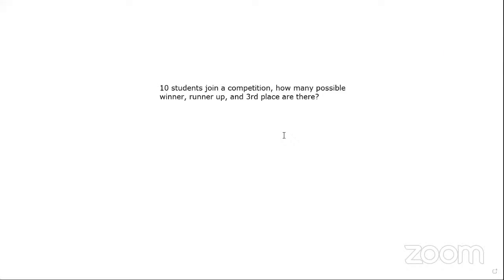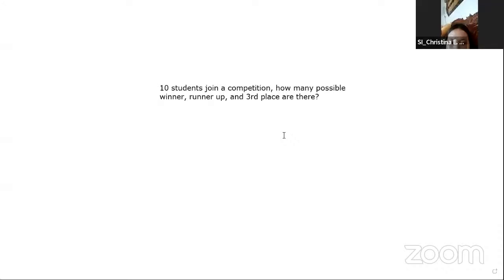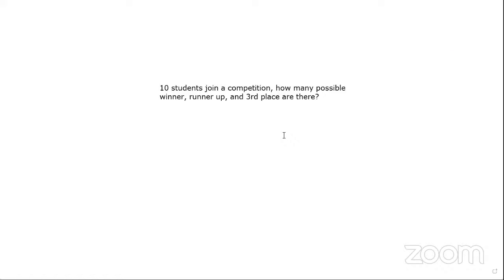And using the permutation formula, how does the solution look? 10 factorial divided by 7 factorial. So here there are 3 places.